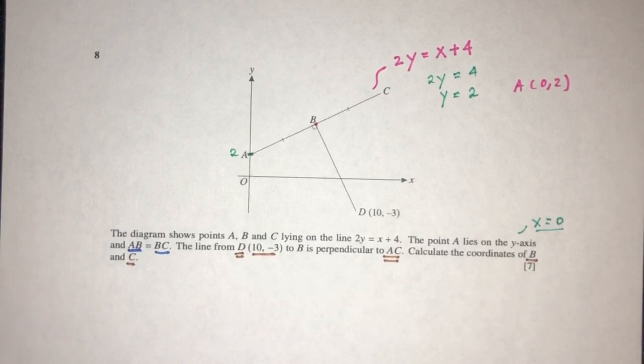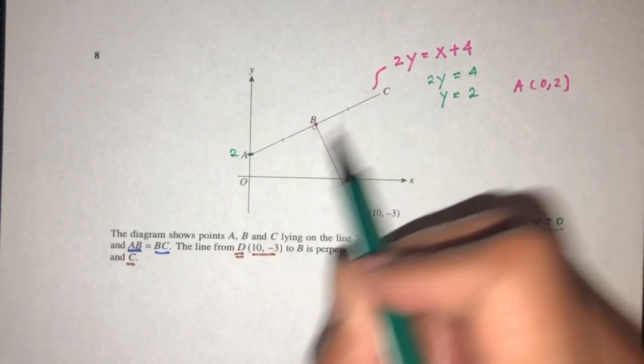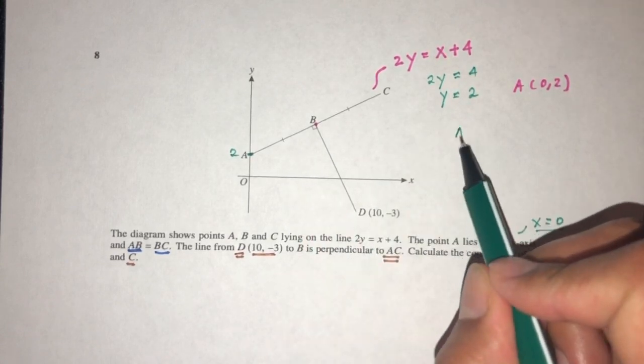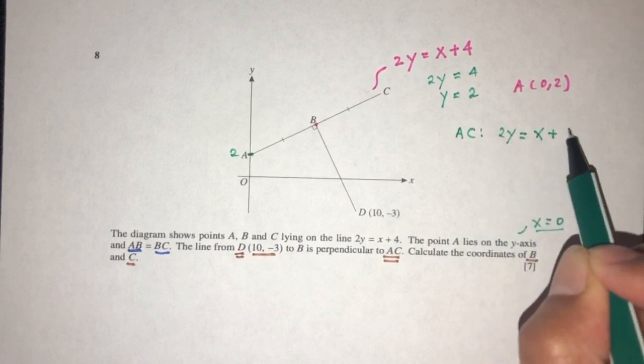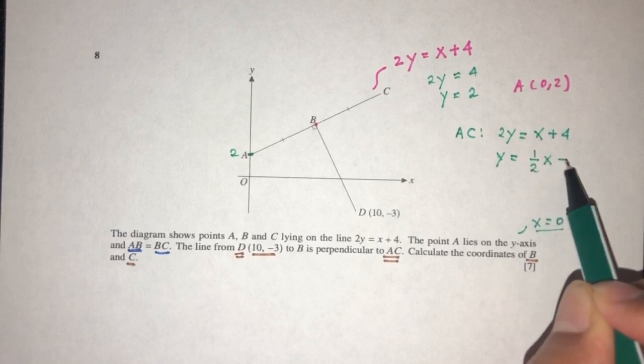Pretty easy. Now the first thing we realize is that B is the point of intersection between the line AC and the line BD. Because it is the point of intersection, we have to solve a simultaneous equation. We already have the equation of AC, which is 2y equal to x plus 4. y will be half x plus 2.